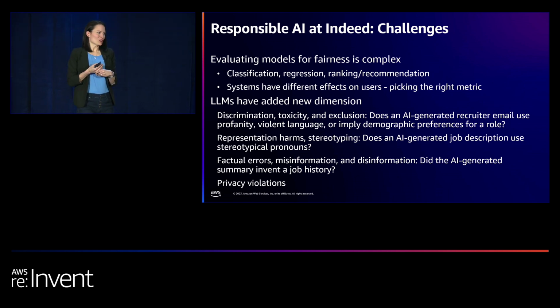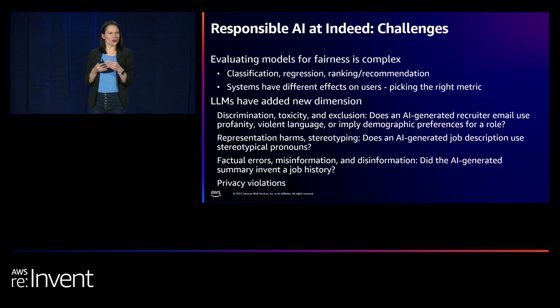So discrimination and toxicity are a big one. If you're generating, say, an AI-generated recruiter email, you don't want there to be any inappropriate language in there. You don't want any violence or hate speech, any of the really obvious stuff. But there's also more subtle things like exclusion, bias, representation harm.